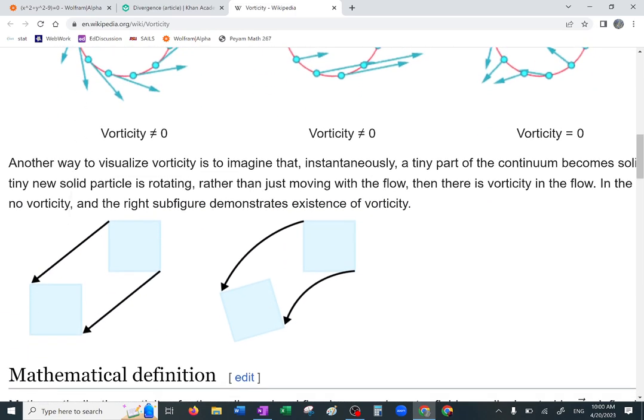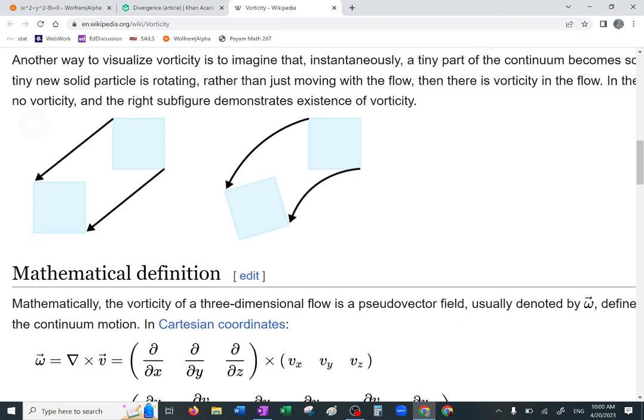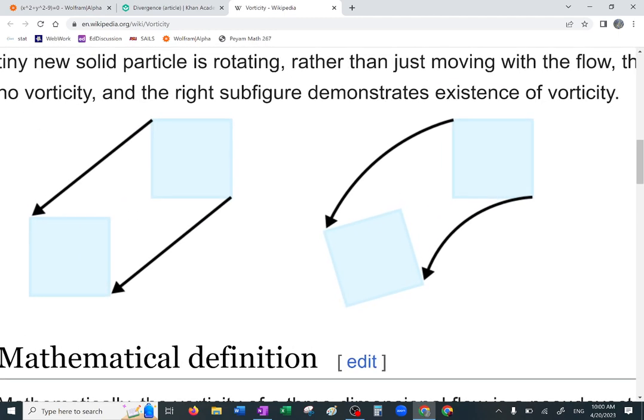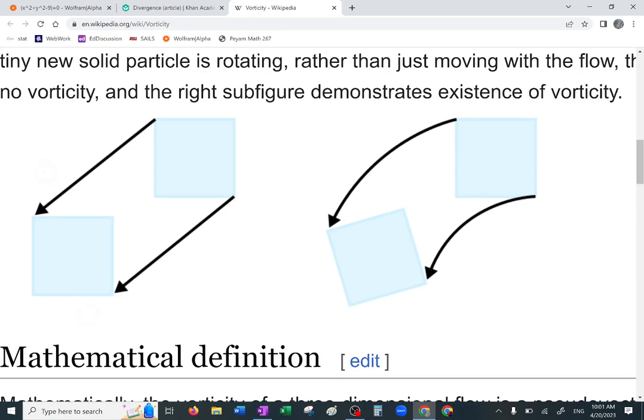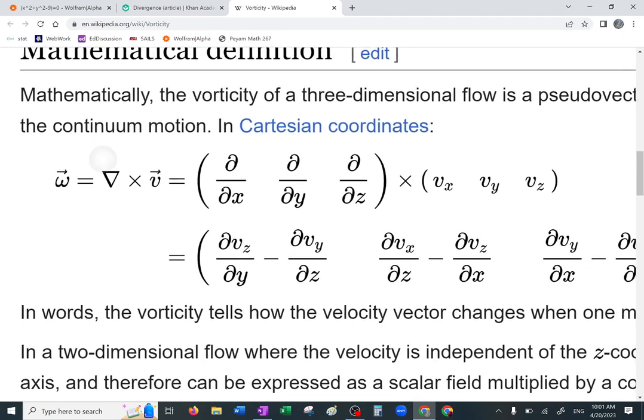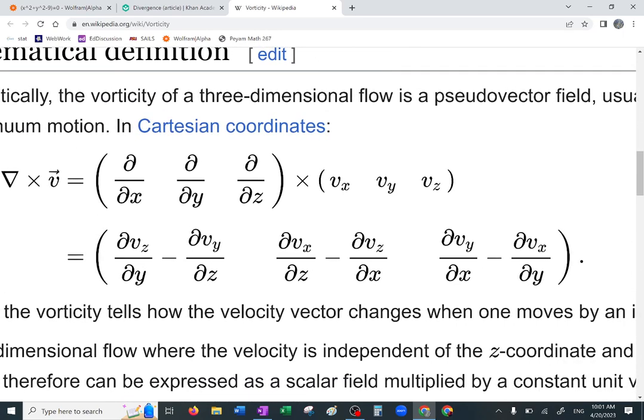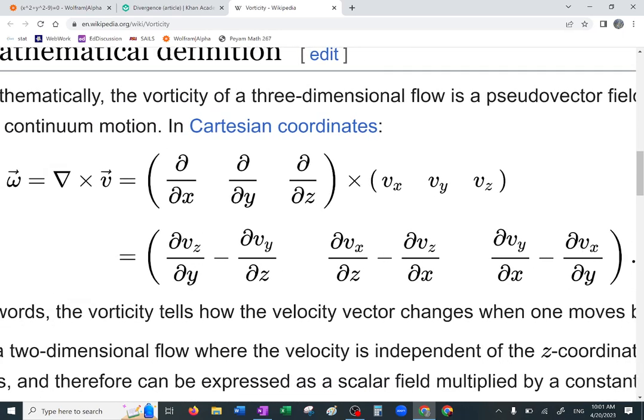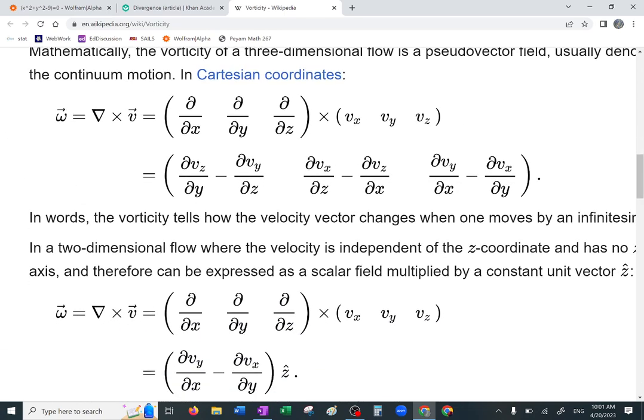It's pretty cool. So I found, see, how would you describe a rotation of a particle? This is a very nice rigid description here visually. A square rotates. So rotation, and now imagine all of those are molecules or particles, electromagnetic particles. That's so cool. And this is exactly what we're doing right now. You see the differences? This is what we're doing. It's a cross product in Cartesian coordinates.